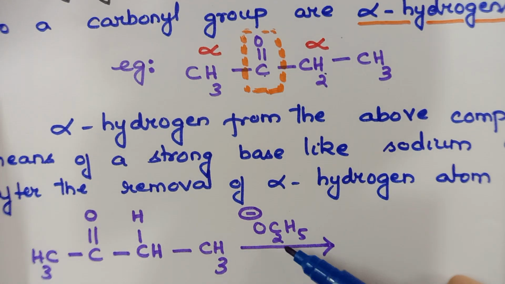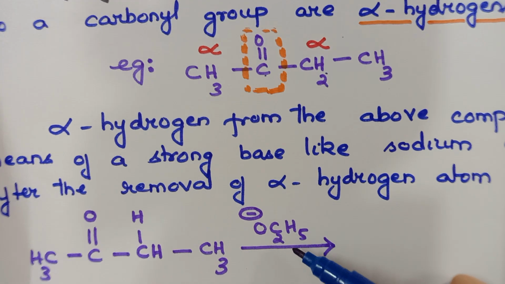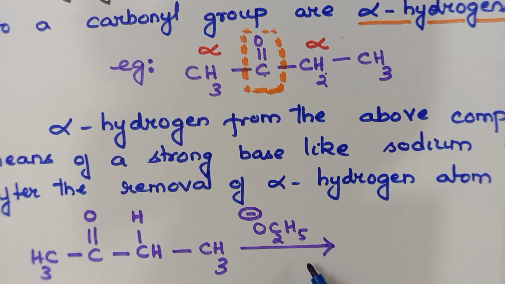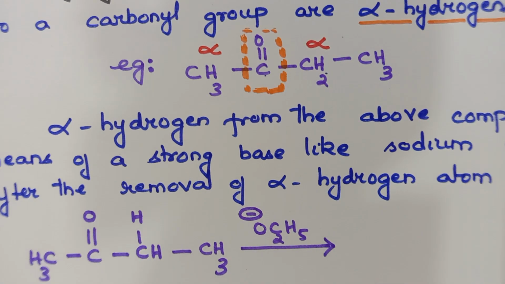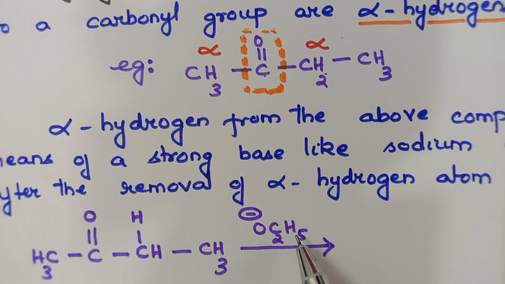Now this compound is treated with sodium ethoxide. This OC2H5 minus is called the ethoxide ion.